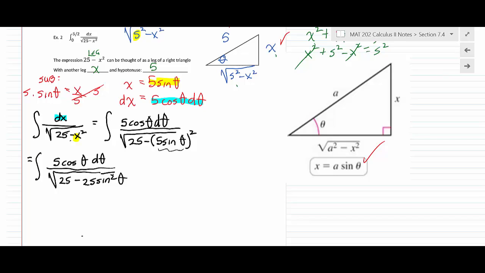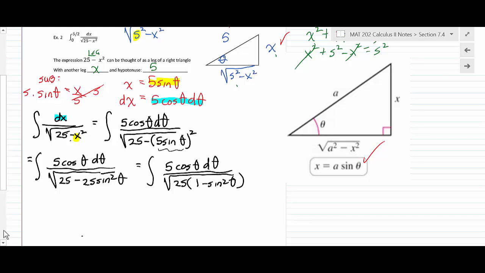So what we're going to do as our next step is we're going to factor. So we have the integral of 5 cosine theta d theta. Well, you want to factor out the 25. I'm just going to try to write every little step on here. So that's going to be 1 minus sine squared theta, like that. And again, you almost always on these problems use one of the Pythagorean identities.